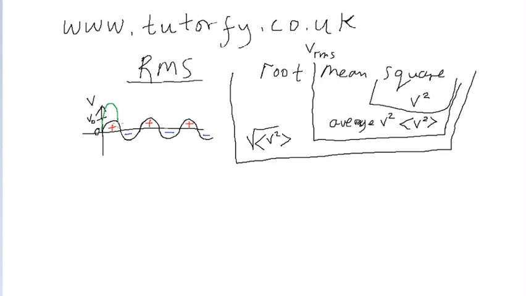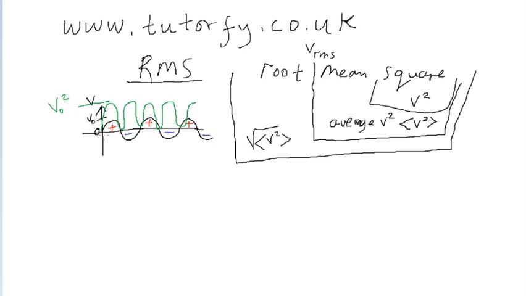So we'll square it, and it will look something like that. Now my drawing is not the best here, but the new value over here will be V0 squared. Now this is not to scale or anything like that.